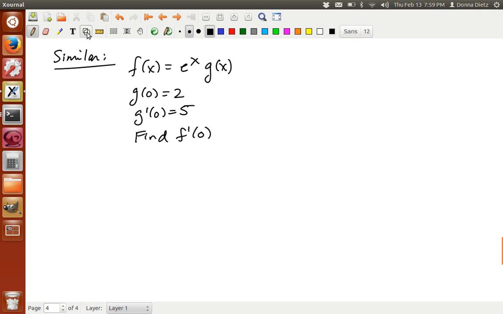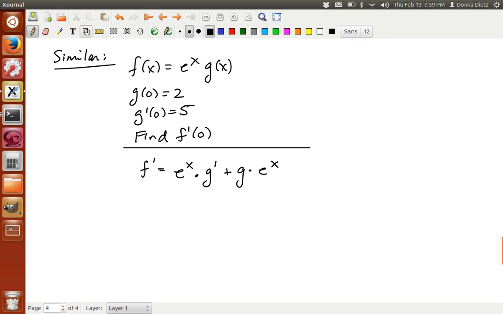Okay? So we're going to just take all that information and we're going to assemble it. And so the procedure says take the derivative, and this is the product rule: first times the derivative of the second plus the second times the derivative of the first. Okay?